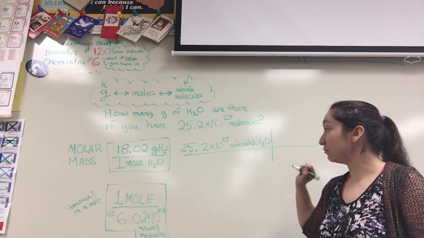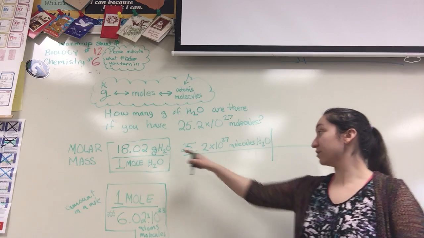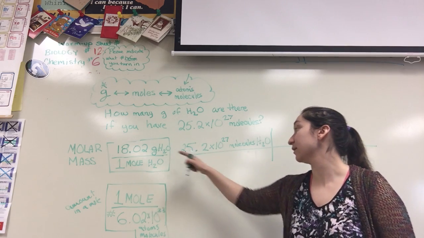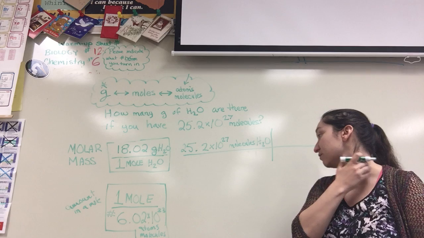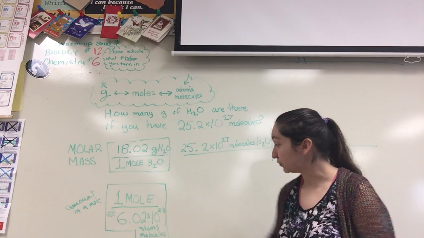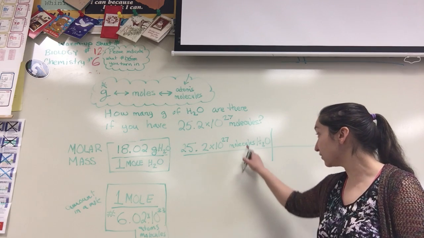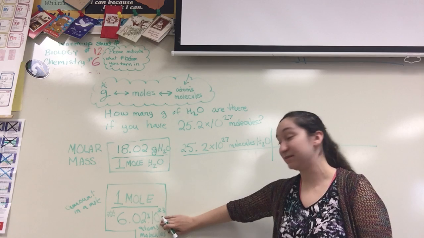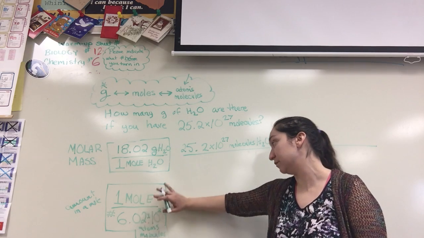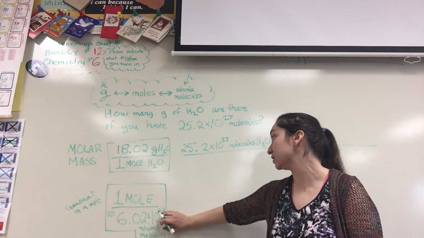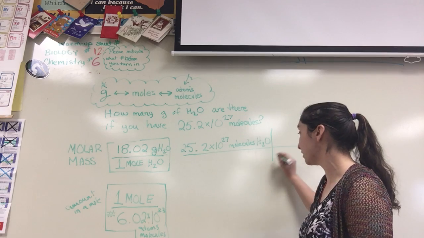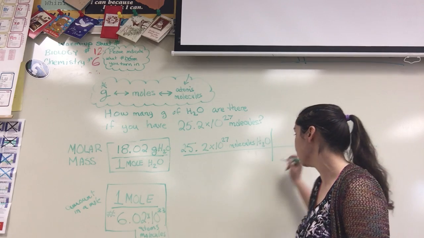Now, I am going to start not with grams, because I have nothing to do with grams. Grams doesn't talk to number of anything. But down here, I see that I've got molecules. So I'm actually at the item part of how many items are in a mole. So I'm going to have to use this number, and it is going to go on the bottom, because that's where molecules is.